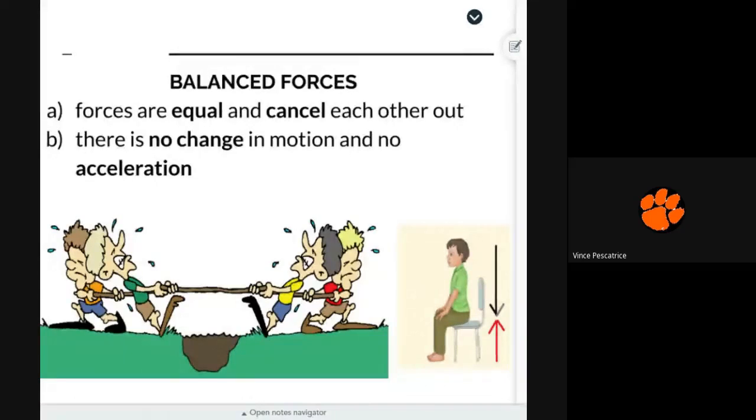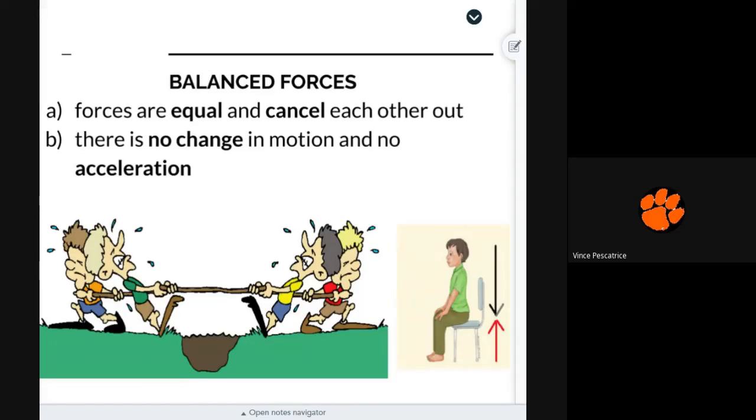On your paper, for these blanks you double click on the blank where it's highlighted, and it'll highlight itself. The first blank is equal, E-Q-U-A-L, and then cancel each other out, so you double click on that.